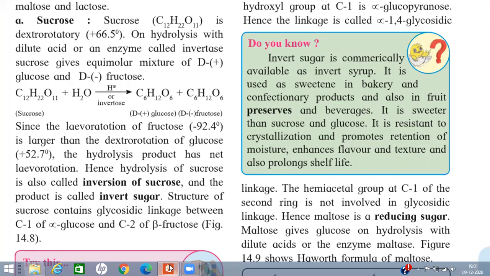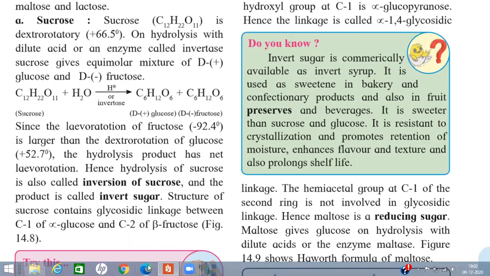Hello, good morning, students. In the last lecture, we had studied disaccharides. We know disaccharides are carbohydrates which on hydrolysis give 2 units of monosaccharides.